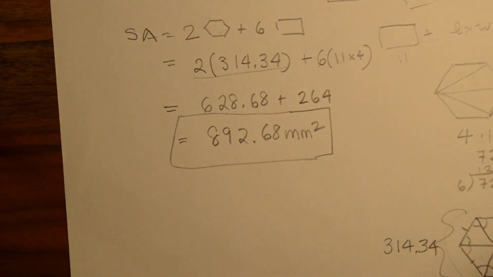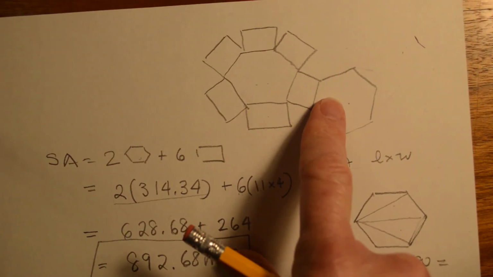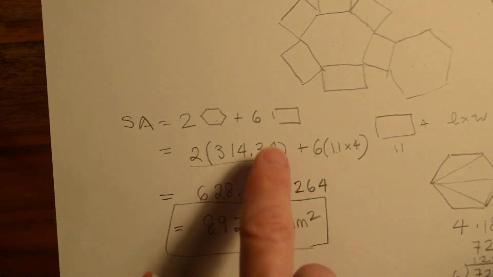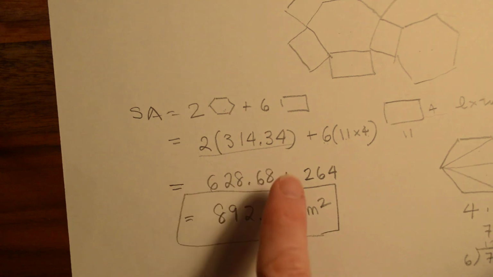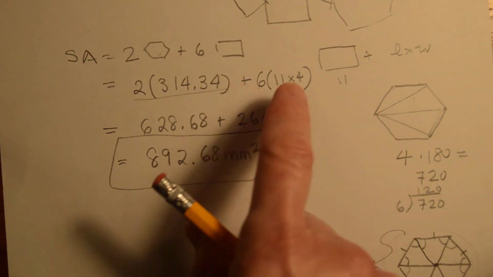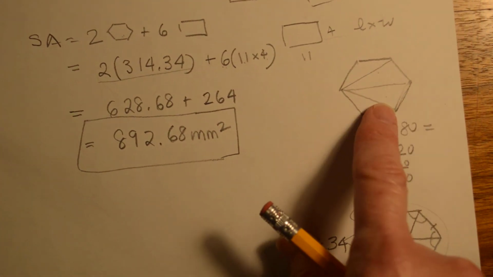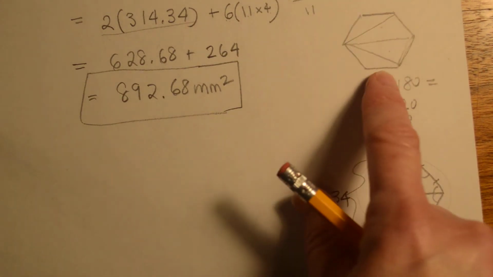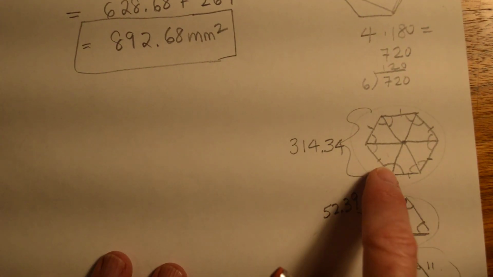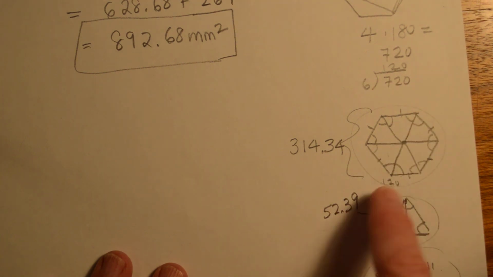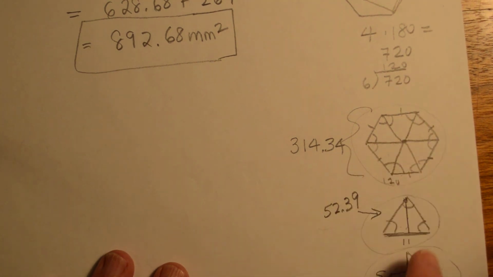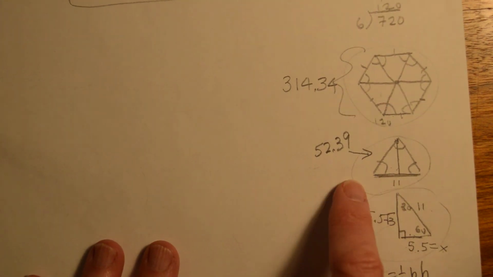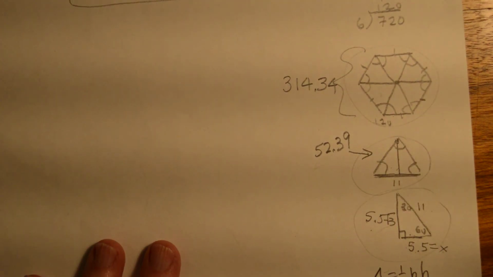Right, let me just recap that for you again. We drew the net. We realized we needed to find the area of 2 hexagons and 6 identical rectangles in order to figure out what the surface area was. We looked at the regular hexagon that made up the 2 bases, and we figured out the sum of the interior angles was 720, so each individual one was 120. We split that up into 6 identical triangles, which happened to be equilateral, and they were all 60, 60, 60.